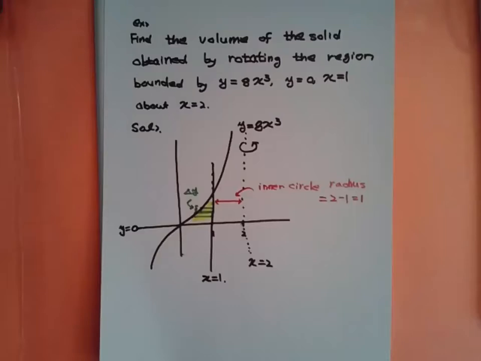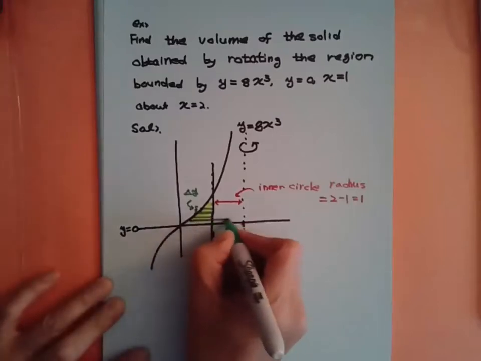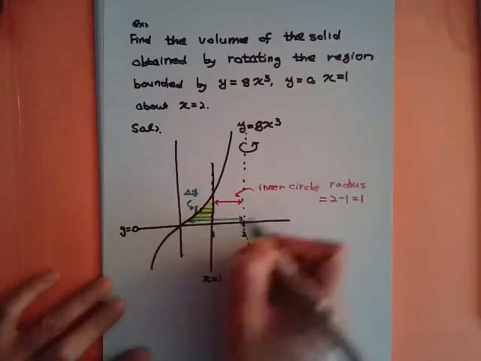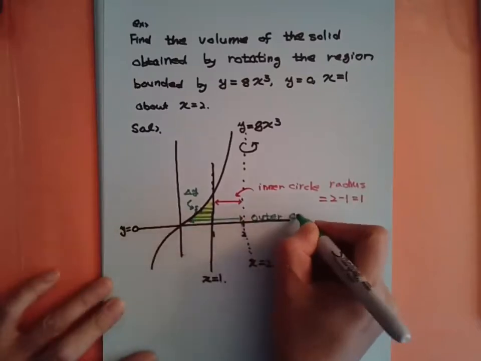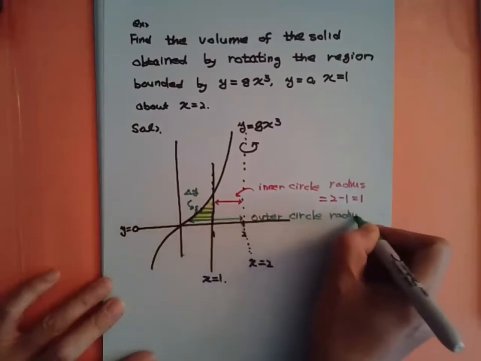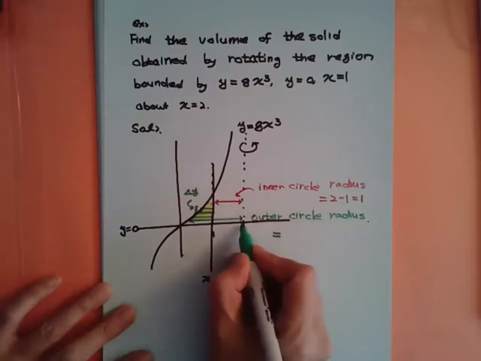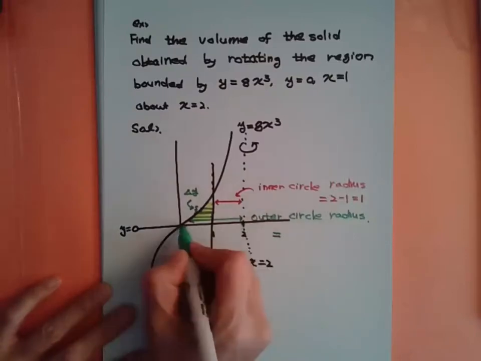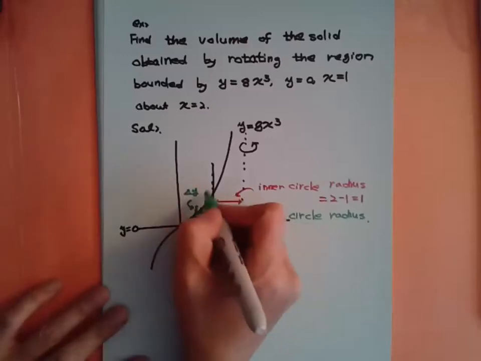And this is the outer circle's radius. We have to subtract from here to here, but we are thinking about dy.